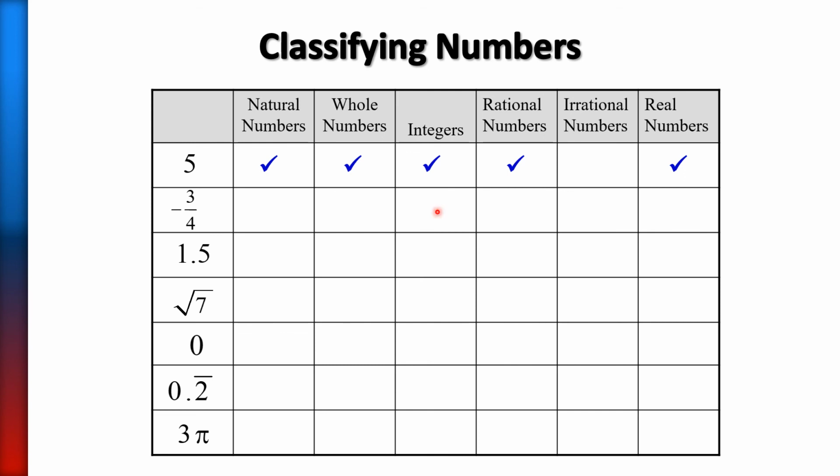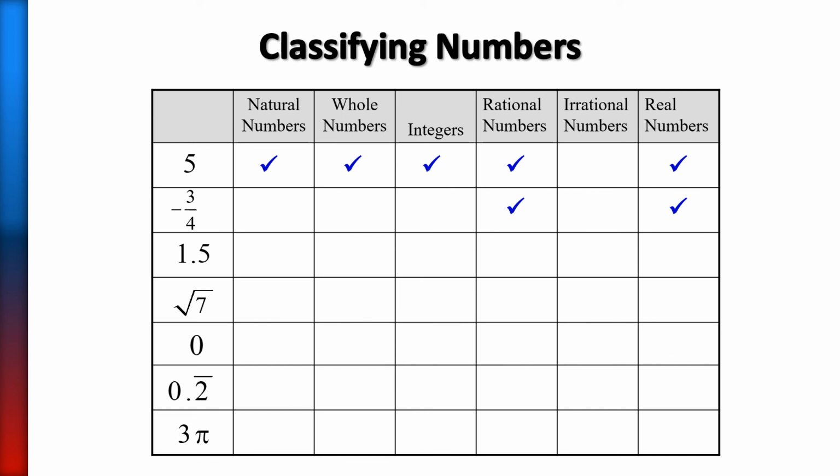It's not an integer, which are our whole numbers, negatives and positives. It is a rational number, though, a number that can be written as a fraction. It is already a fraction. It's negative 3/4. And again, as I said before, if you're rational, you can't be irrational. So the next category then is, yes, all numbers fall under the real category.